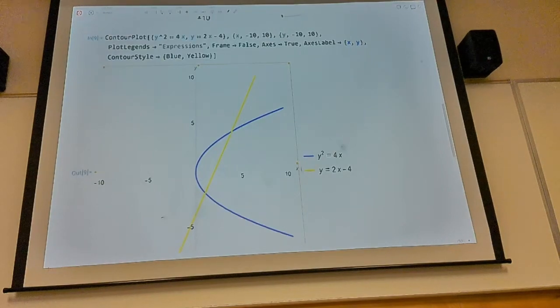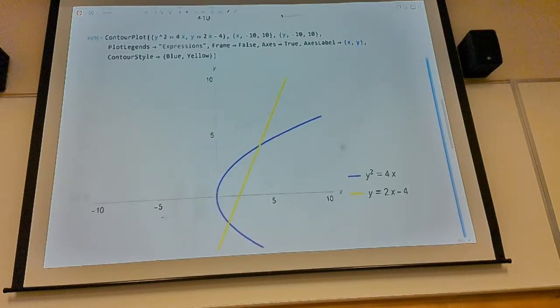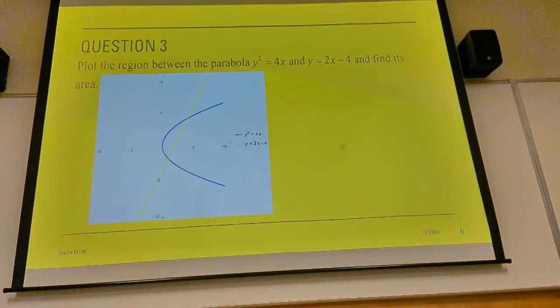Oh, if I do copy as an image, yeah. And the region is obviously right here.